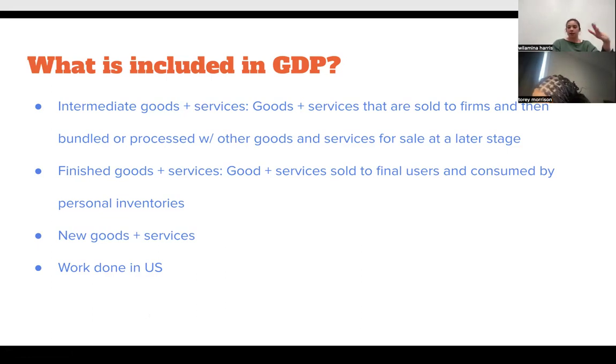But if someone buys a car from a used car dealership, it's the year 2024 and the car is a 2017, that wouldn't be included in GDP because it was already included when it was originally sold. Okay. And GDP just measures the overall health of the economy, all goods and services purchased. Okay. Makes sense. You can go to the next slide.